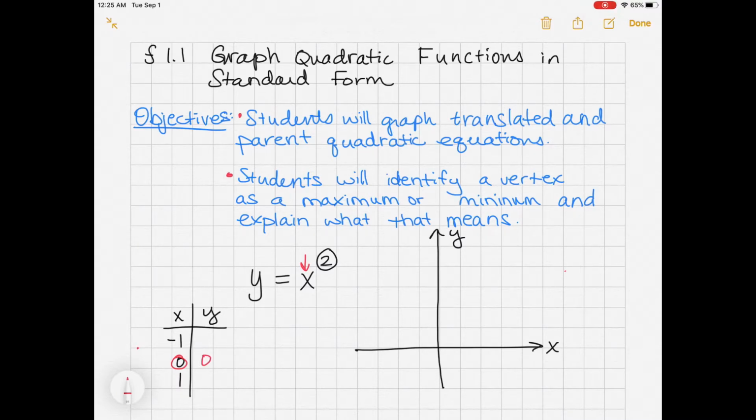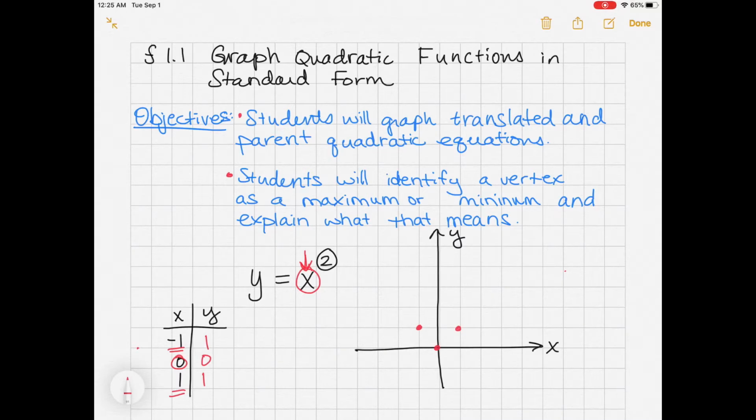For 1, 1 squared is 1, and -1 squared is also 1. So I'd graph (0, 0), (1, 1), and (-1, 1).